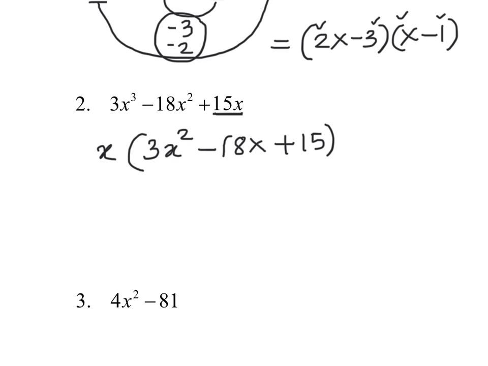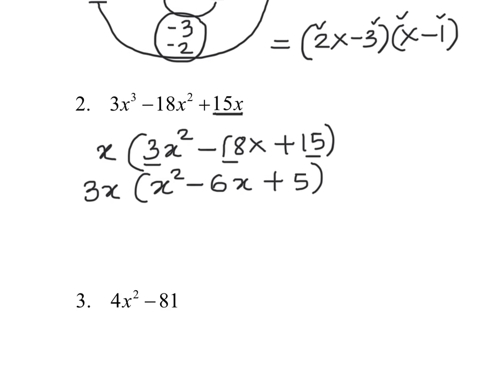But wait a minute, I still see a 3, 3, and 3. So I'm going to pull that out as well. So now I'm going to have x squared minus 6x plus 5.